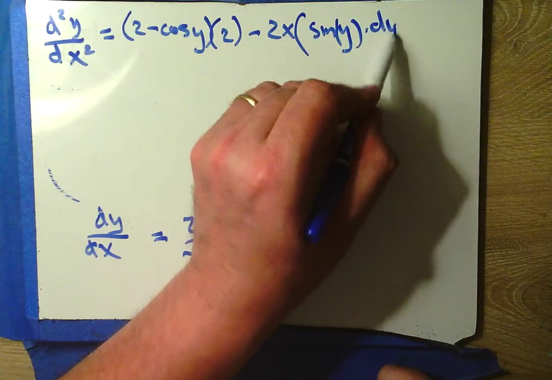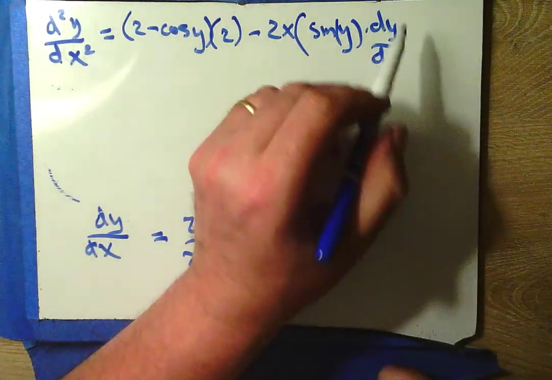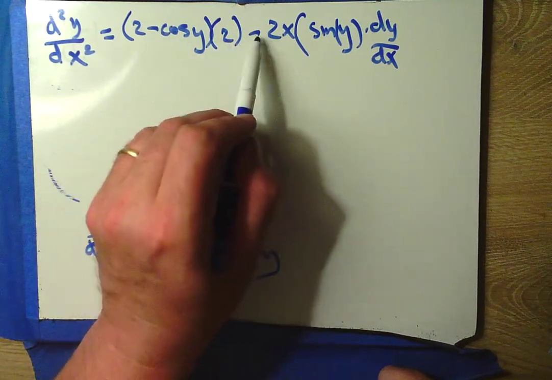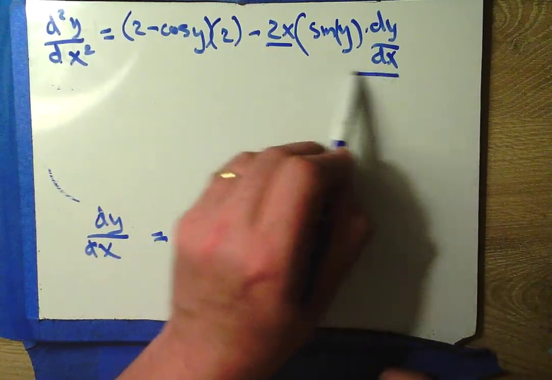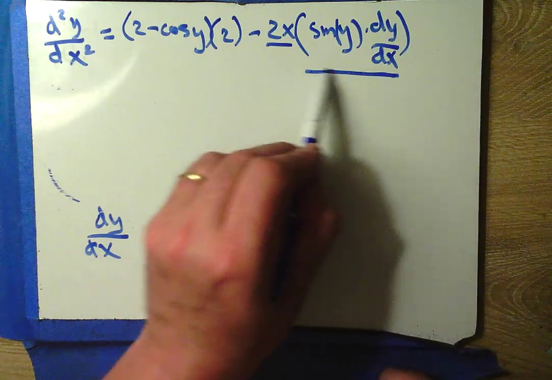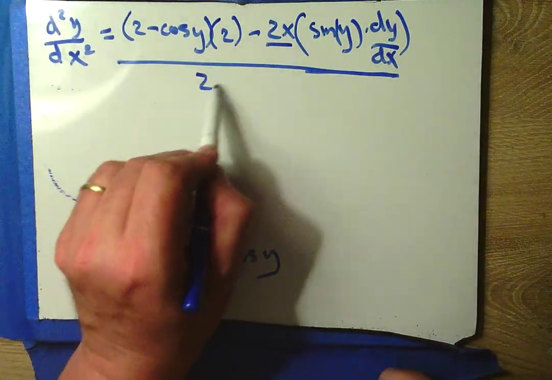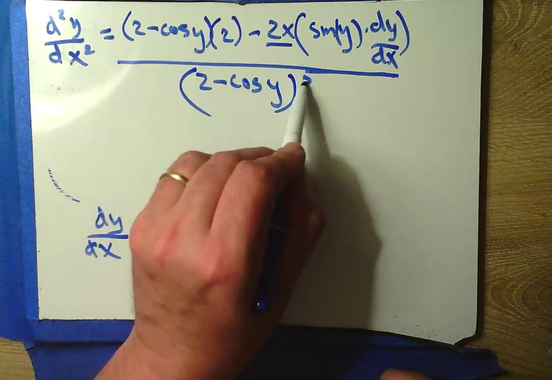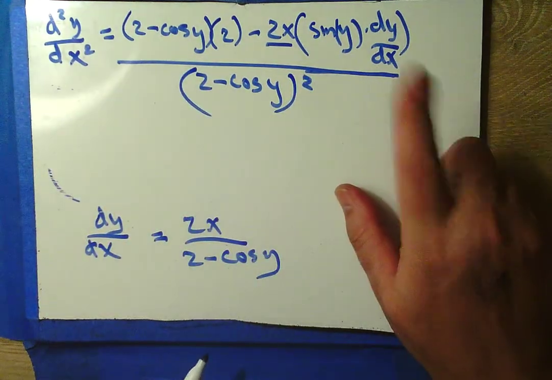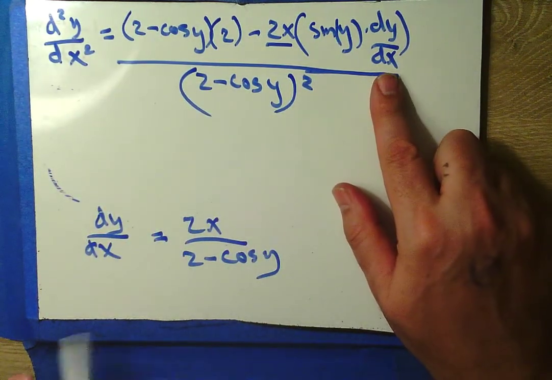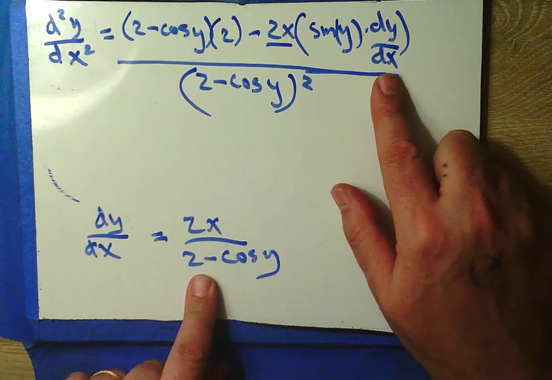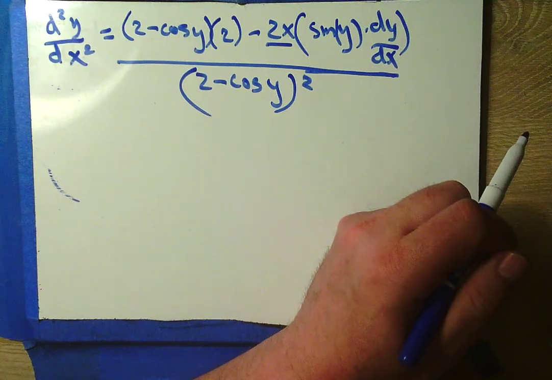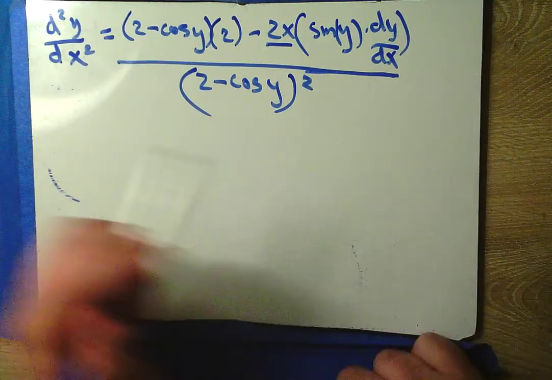Now come back and take the derivative of that inside with respect to x. So low d high minus high d low all over low squared. And don't forget, we have to replace this dy/dx with what dy/dx is. So I'm not quite done yet.